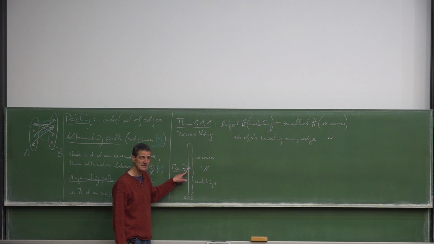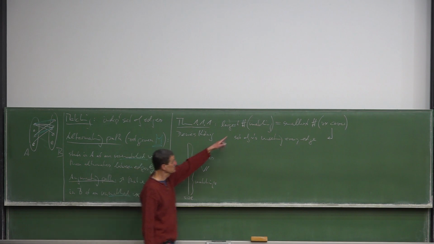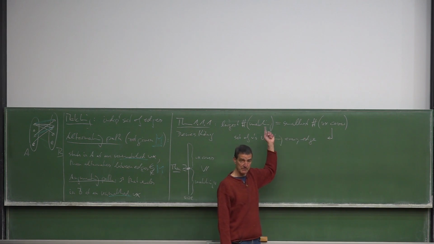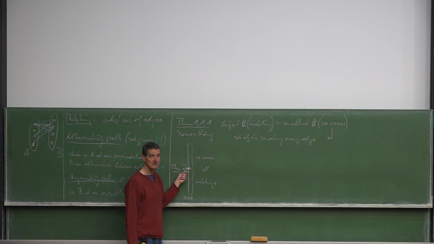And that is interesting, because that's a very, very structural assertion. It just asserts the equality of two numbers. What does that assert? It asserts the existence of two things in a graph. A matching, some matching, and a vertex cover of all the edges, not just the matching edges, all the edges, some vertex cover.